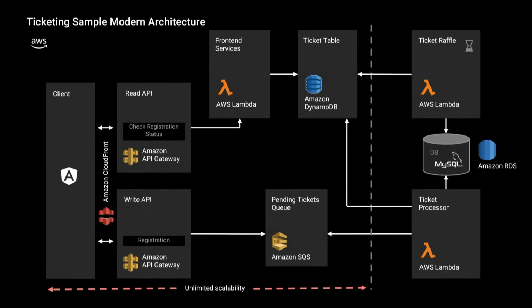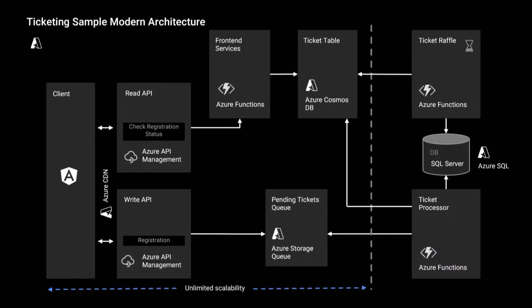Here we have a very complex architecture with different queues for messages, functions that awaken every now and then, functions that awaken through message queue, and so on. This is for Amazon and for Azure, and we have also developed for them an infrastructure as code so that all the solutions can be set up.